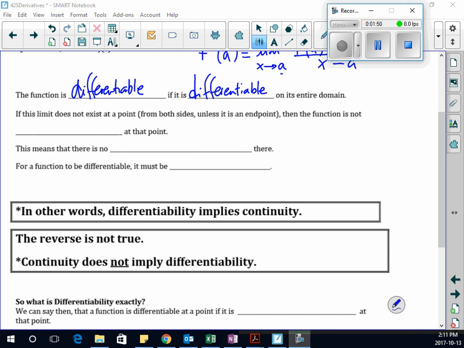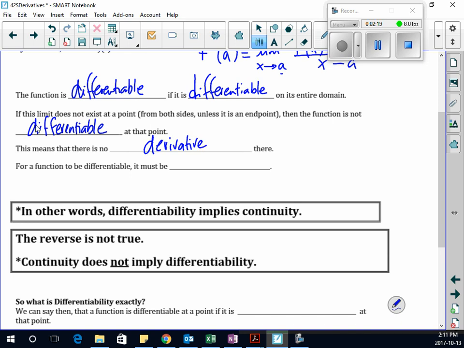If this limit does not exist at a point, meaning from both sides, unless it's an endpoint, then the function is not differentiable. This means if it's not differentiable at that point, there is no derivative there.